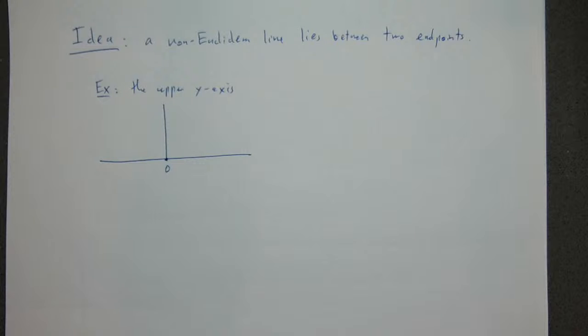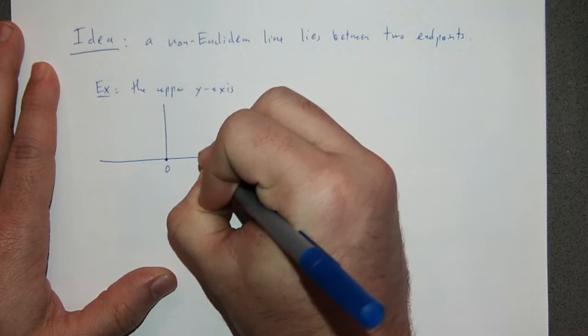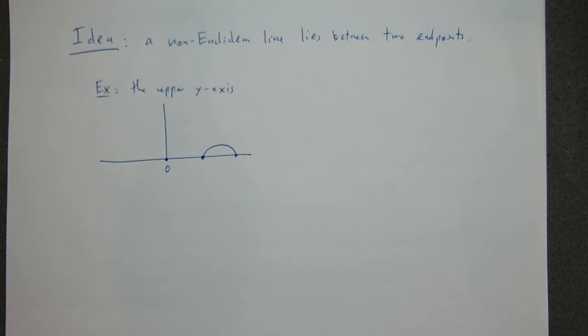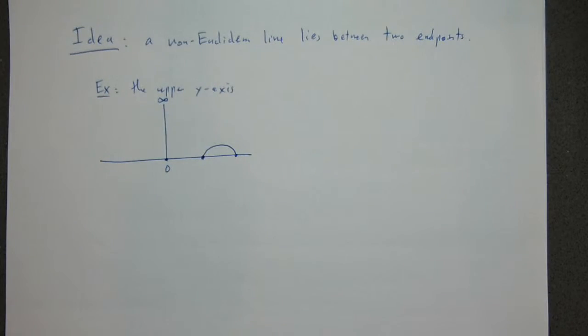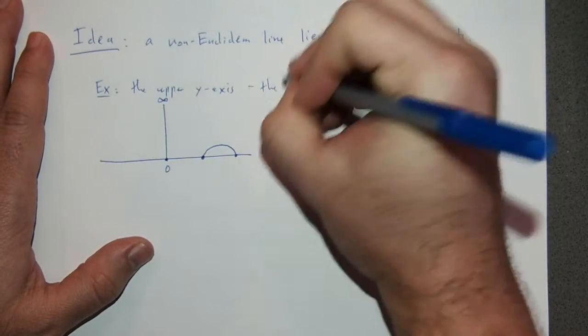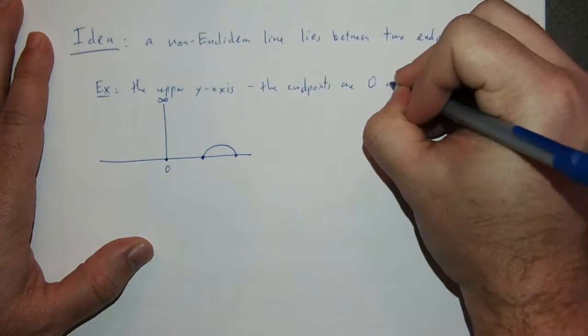You might think the upper y-axis is too basic an example, but actually it's the most important example, because if my line in question was a semicircle centered on the x-axis, then it's clear what the 2 endpoints are. The only thing that's unclear is when one of the endpoints isn't apparently on the x-axis, and so the other endpoint is at infinity. Okay, so the endpoints are 0 and infinity.